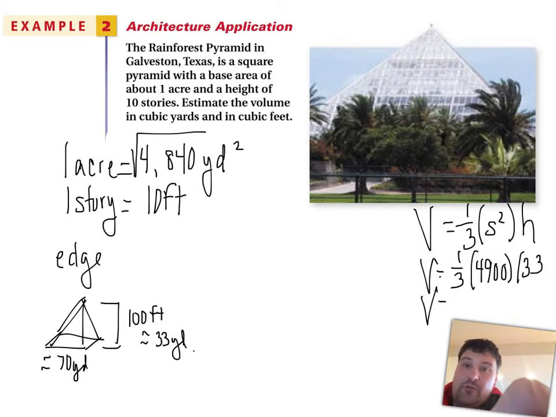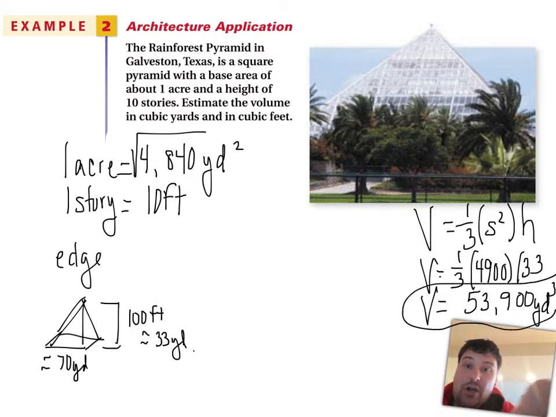The volume in cubic yards is going to be approximately 53,900 cubic yards. Oh, I actually can write on my picture. I didn't know that. 53,900 cubic yards. But now I need to convert the answer into cubic feet.